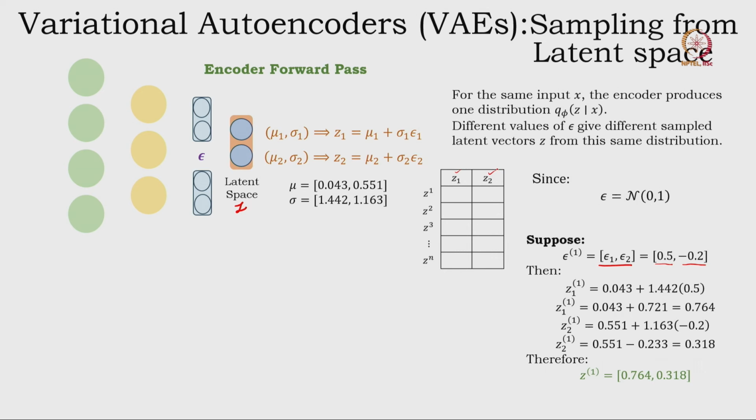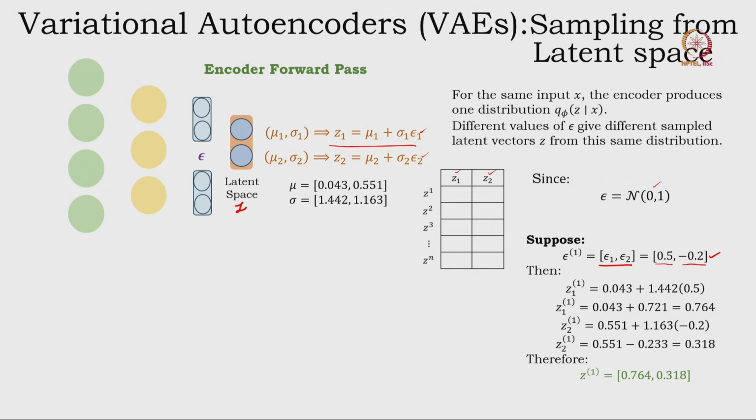If you have to obtain z1 and z2, you require 2 such values. So you will randomly pick one value, and again randomly sample one more value. Now simply substitute these 2 values into this formula and you get z1 and z2.